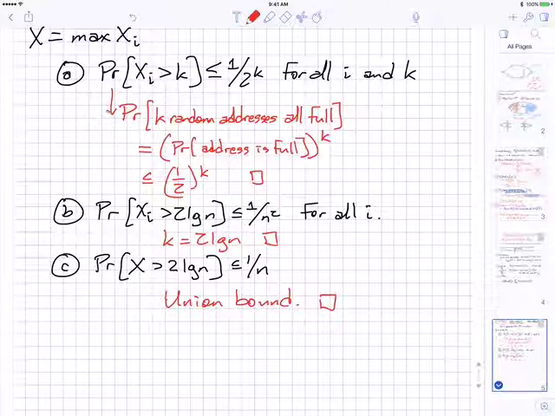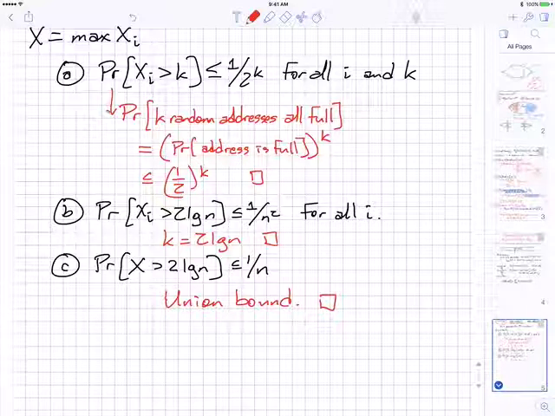Yes, or. The probability that x1 is big, or x2 is big, or x3 is big, all the way up to the probability that xn is big. Each of those probabilities is at most 1 over n squared, and so the probability of one of those events holding is at most the sum of the probabilities of those individual events, the union bound.